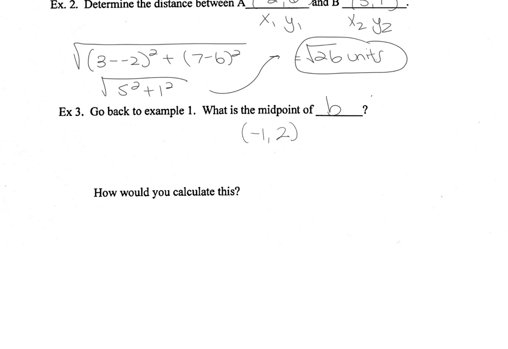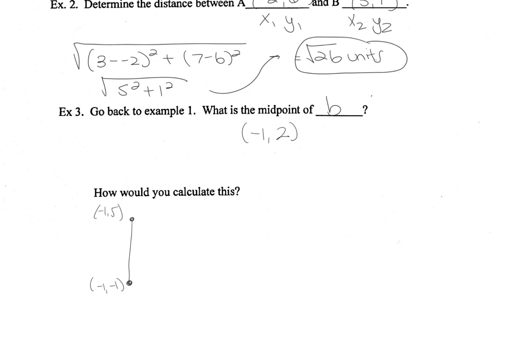Now how we would actually calculate that is we would find the average of the x's and the average of the y's. So if I actually want to mathematically calculate it, and we're thinking about the distance between those 2 points, this was -1, 5 up here, and this was -1, -1.